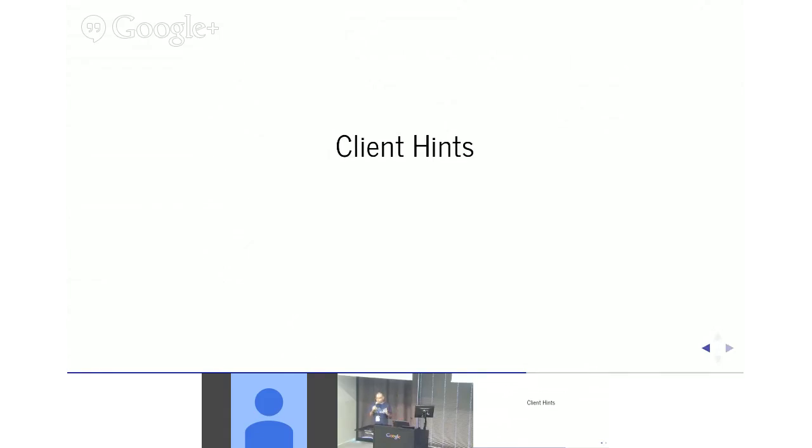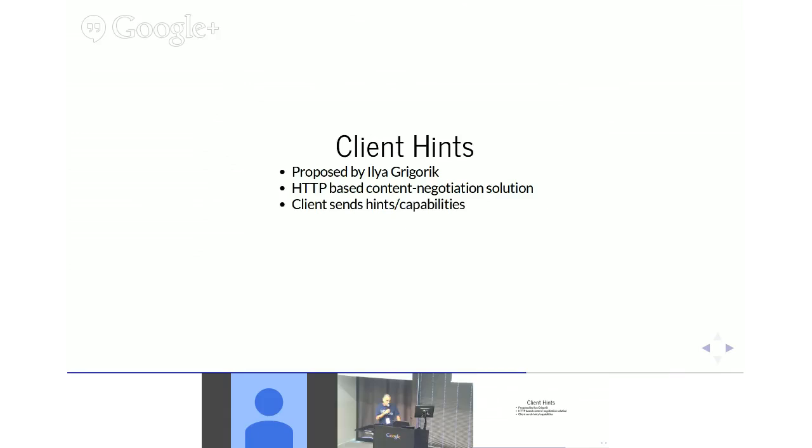So the future for that proposal doesn't look bright, even though I personally believe that it could be a good complement. It was first proposed by Ilya Grigorik, and all the rest I already said.